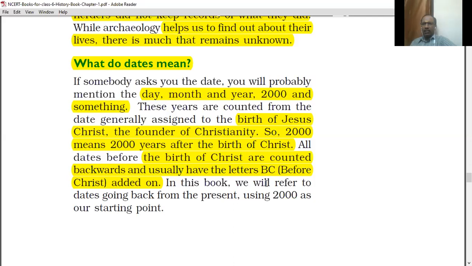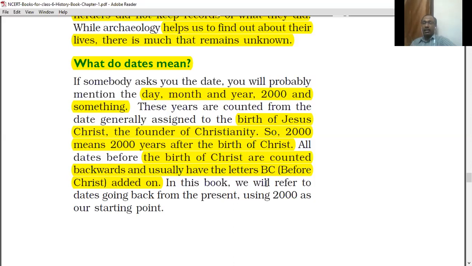Now, 2020 AD is also called Common Era, CE, you can also mention. Before the birth of Jesus Christ, how do we calculate the date? It goes in reverse. Year 1, 200, 1000, 500, 5000, 10,000.